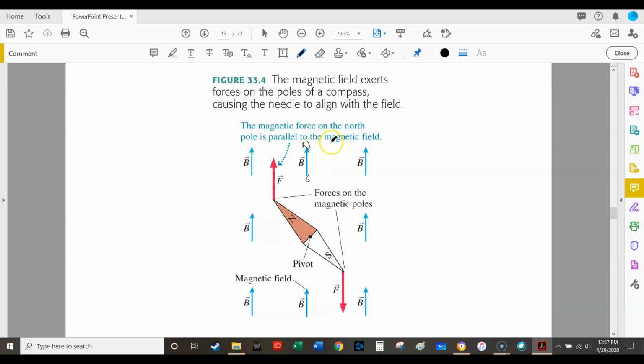So that means for this entire magnetic field, north is up top here, south is on the bottom here. And so what you would find is that this compass will align itself in the direction of that magnetic field. Okay? So eventually this compass needle will be pointing straight up in the direction of the magnetic field. Okay?